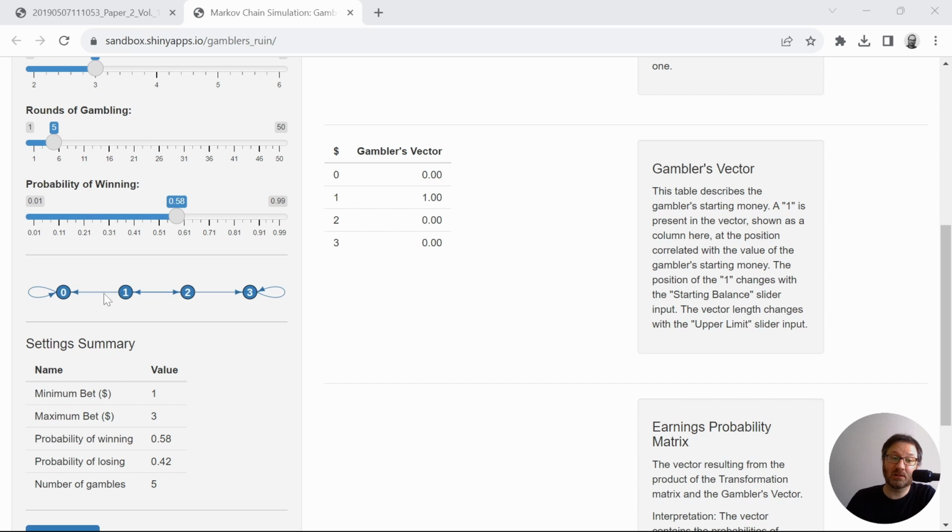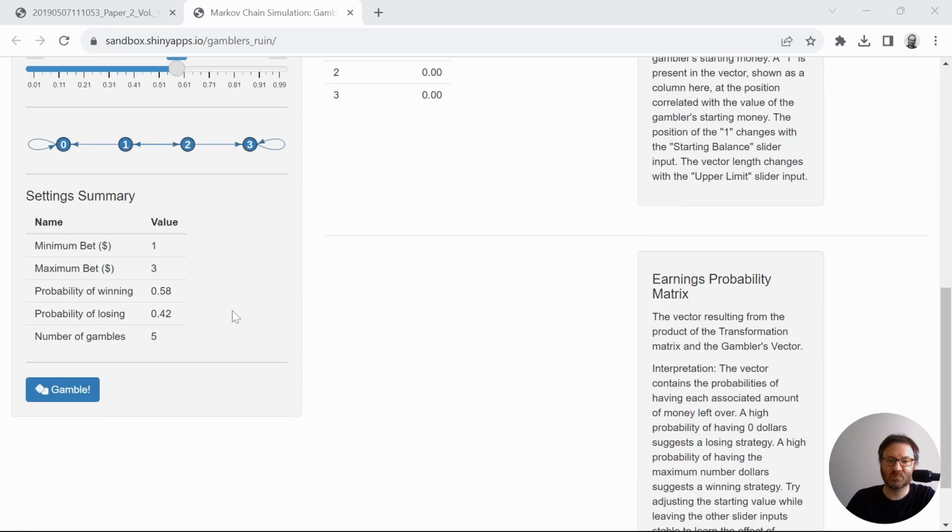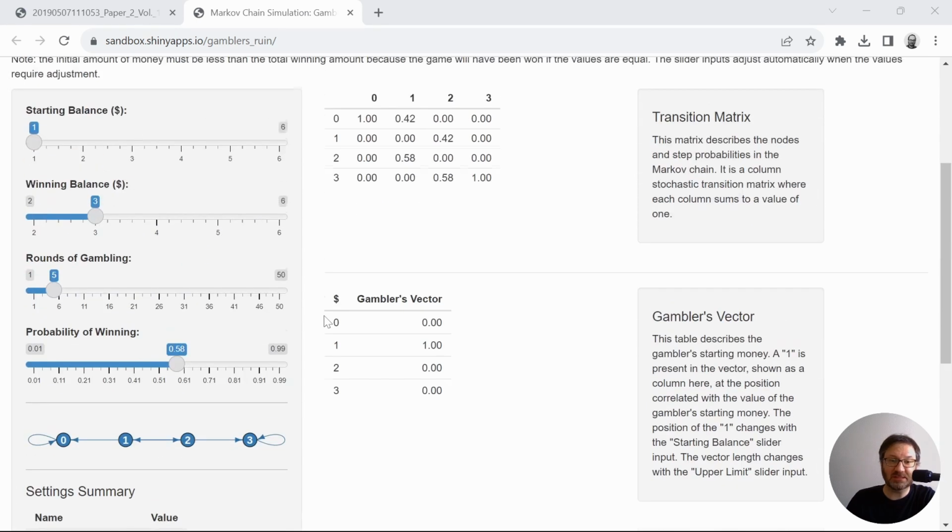If you have $1, you can lose it and go to 0, or win and go to 2. 2 can go down to 1 or up to 3. And then 3, because it's the highest amount in this case, can only loop to itself and not go back down to 2 because the game ends when you win the most money. A summary is given here, so you can just recap the values. There's a button to run the simulation and gamble.